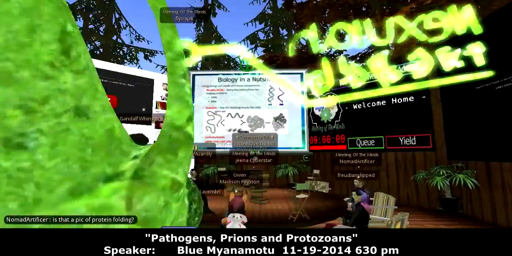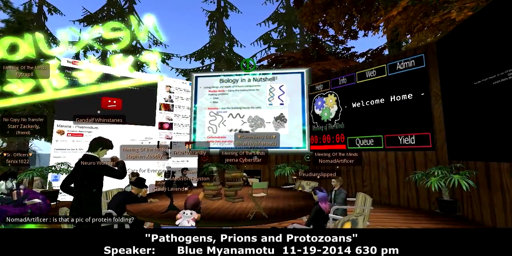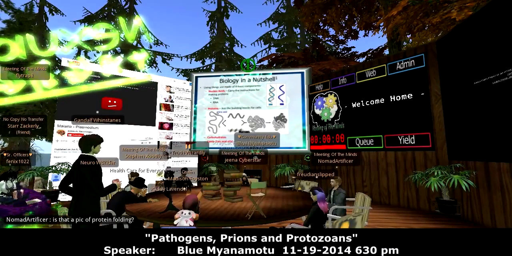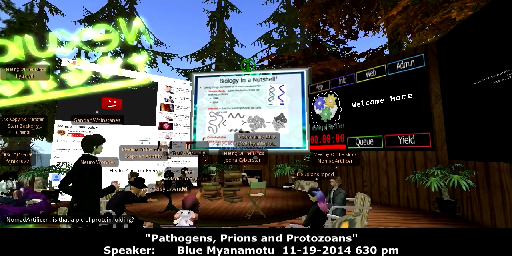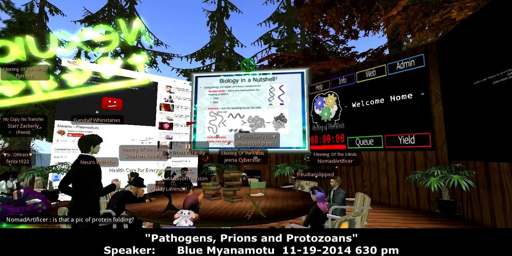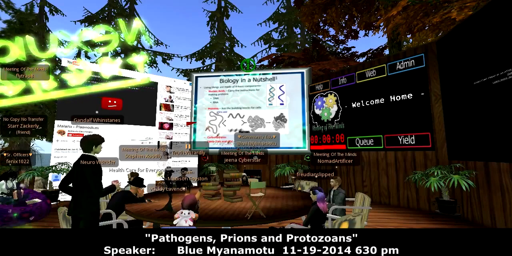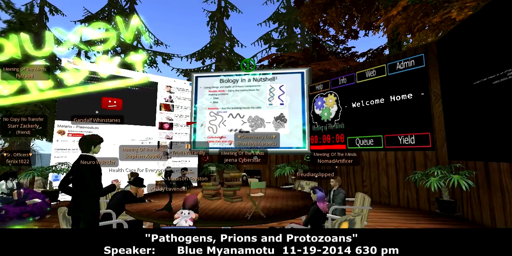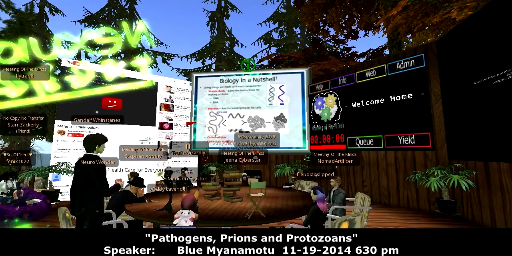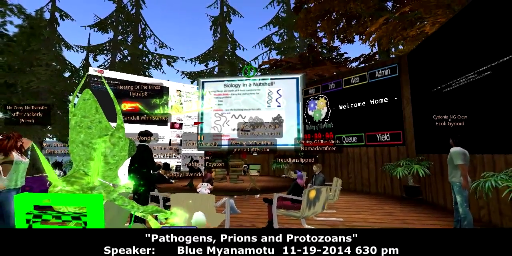Yes, Clint, that is a picture of a protein folding. In fact, I chose this picture in particular, and thank you for bringing that up, because proteins have various structures, and they change in their level of complexity. It's kind of hard to wrap your mind around, at least I think it is, but all proteins are like little wads of wire that is shaped to do all kinds of incredible stuff.